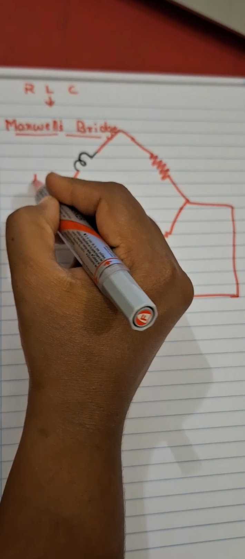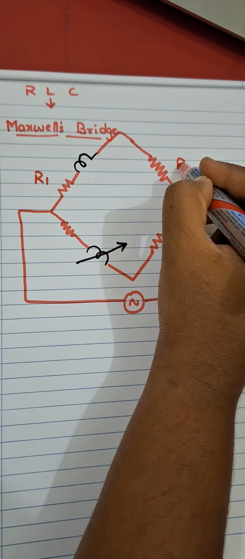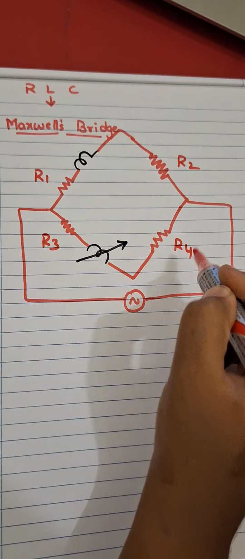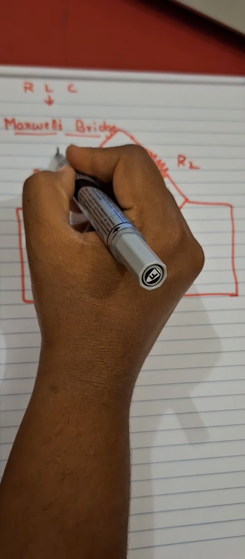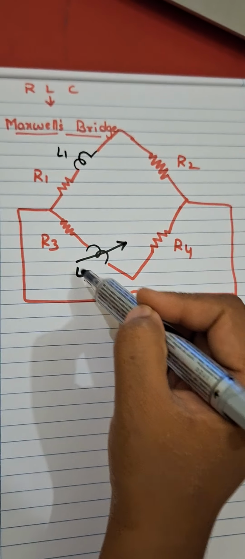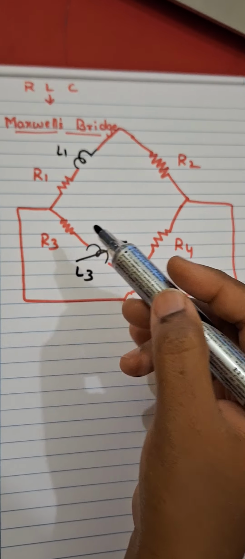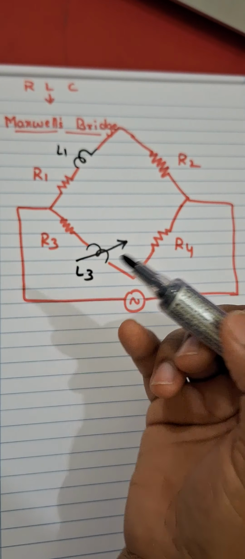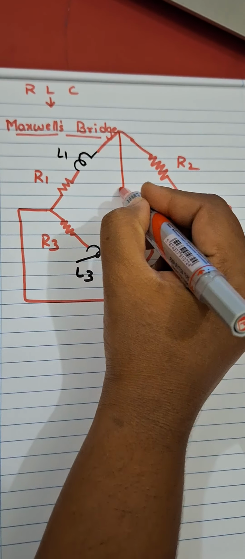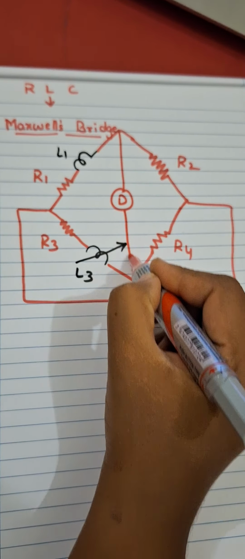So now this is R1, R2, R3, R4 and our inductances are L1 and L3. So that R1, L1, L3, R3, you can say they are in the same line. So that's why I name them as 1, 3. Okay, of course, anyhow we will have a deflection galvanometer like this.